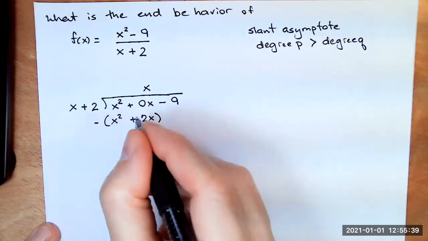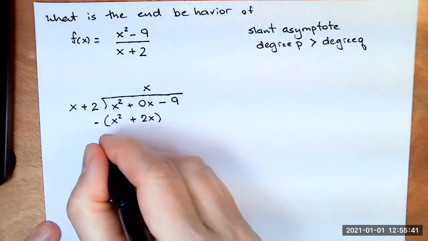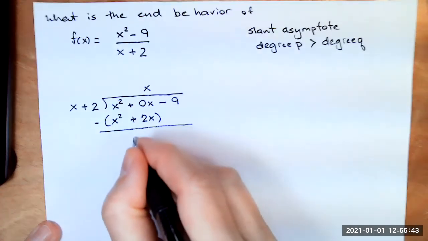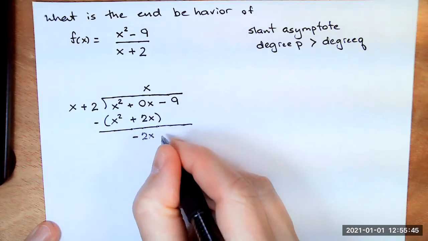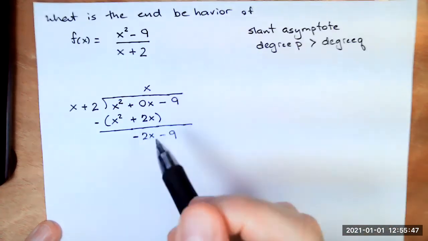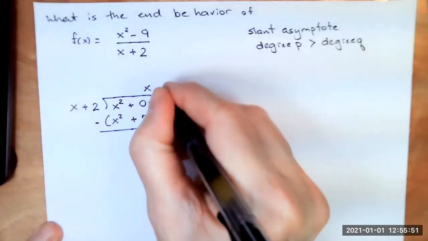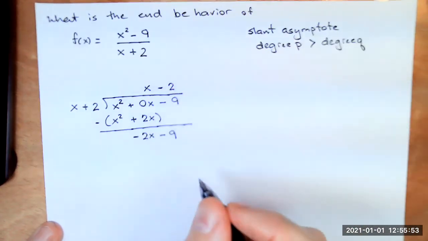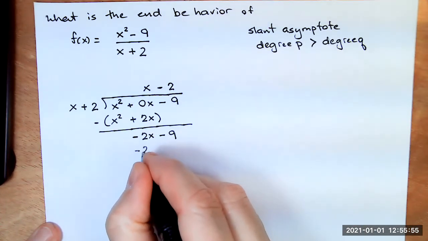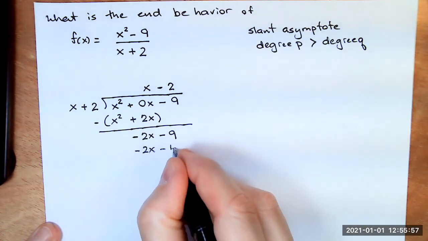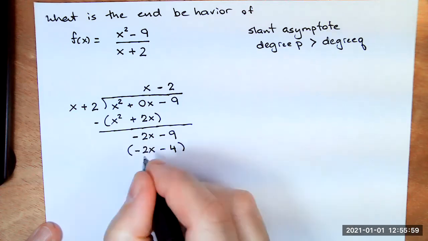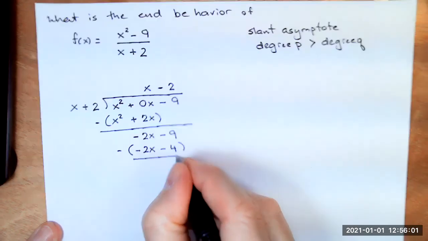And then subtract. What do I multiply x by to get negative 2x? That would be negative 2. Don't forget to distribute that minus.